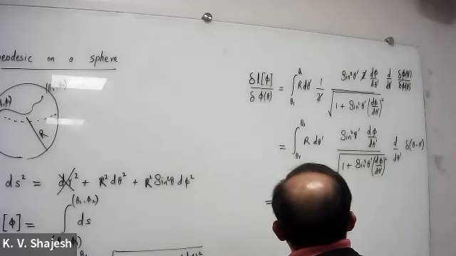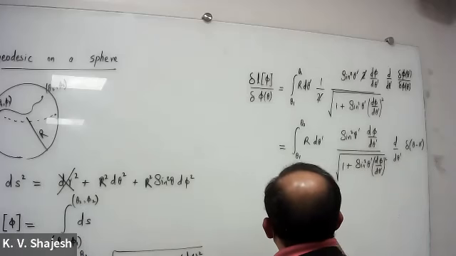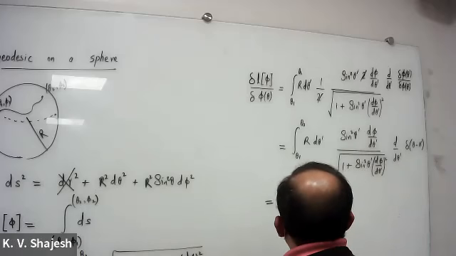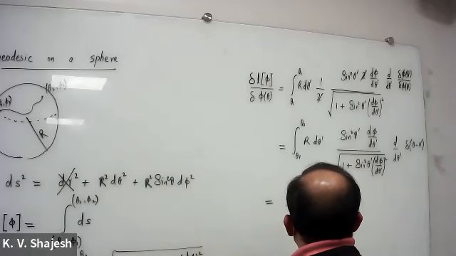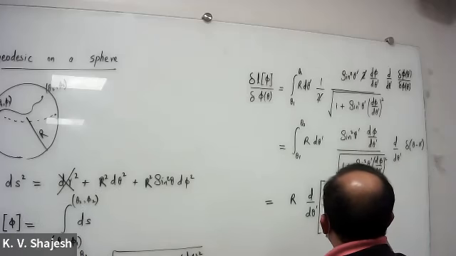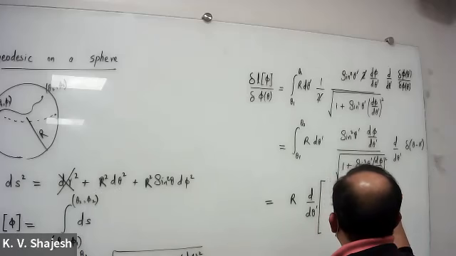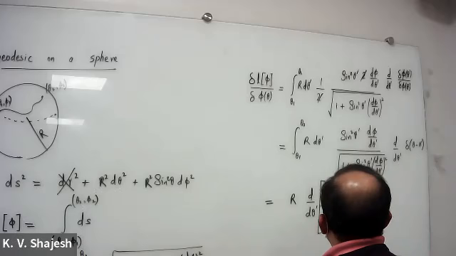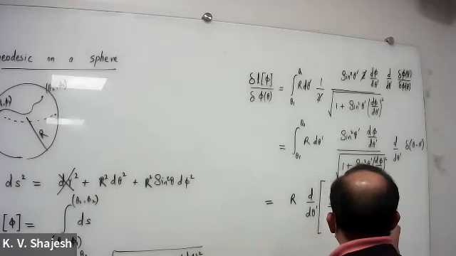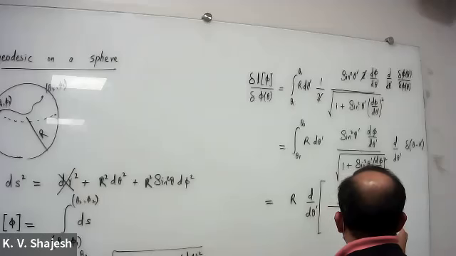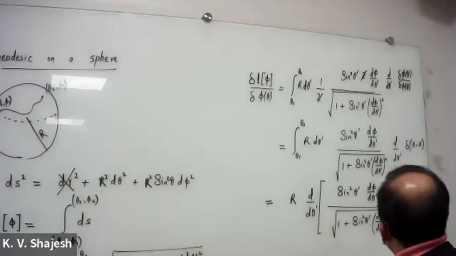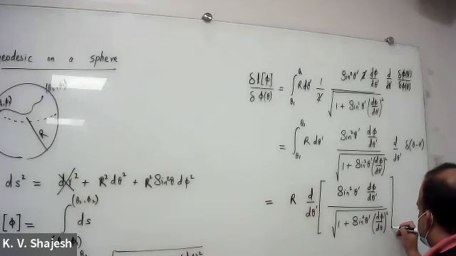It should not affect, yes. So this is R theta prime sine square theta prime phi, and this whole thing evaluated at theta prime is equal to theta.